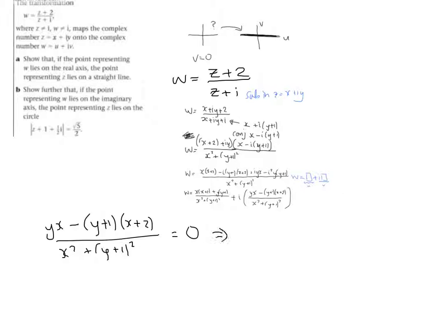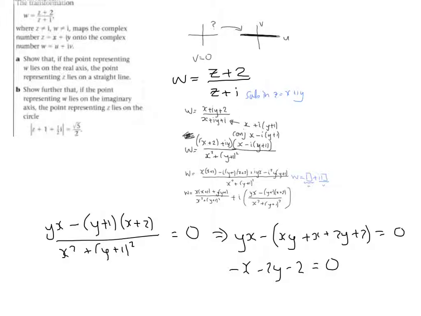What would that give me? yx minus yx plus x plus 2y plus 2 equals naught. So the yx will cancel the yx, leaving me with minus x minus 2y minus 2 is 0, or multiplying through by minus 1, we have x plus 2y plus 2 is naught.